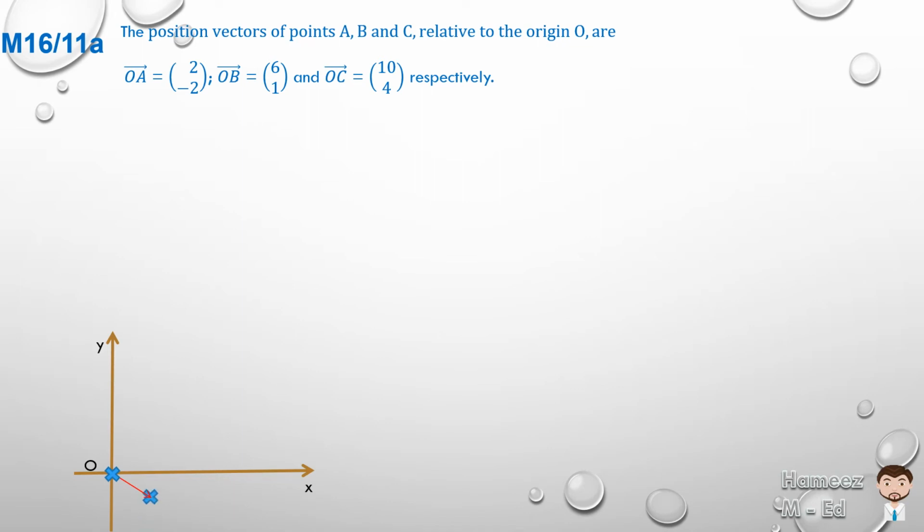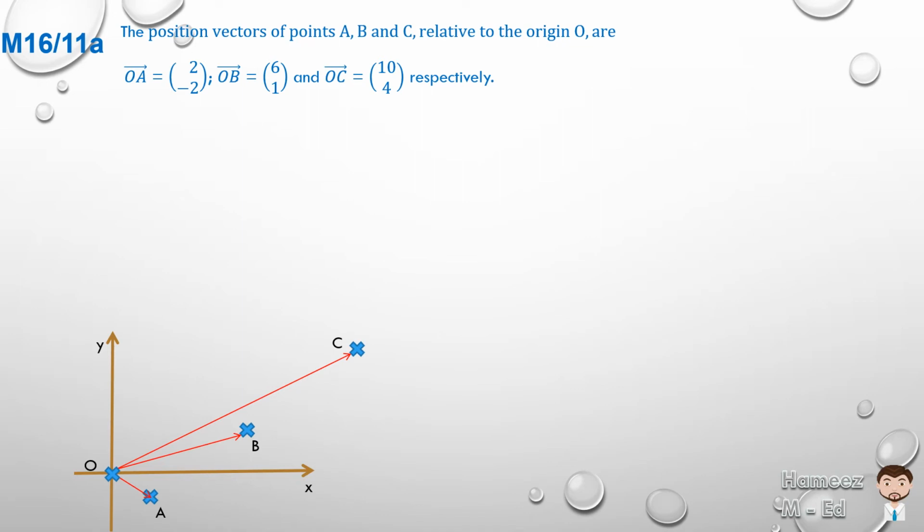So we have A. For OB, 6 to the right, 1 up. And C, 10 to the right, and 4 up. So we have a general idea, because this is a sketch, not exact to scale, of where A, B, and C lie.